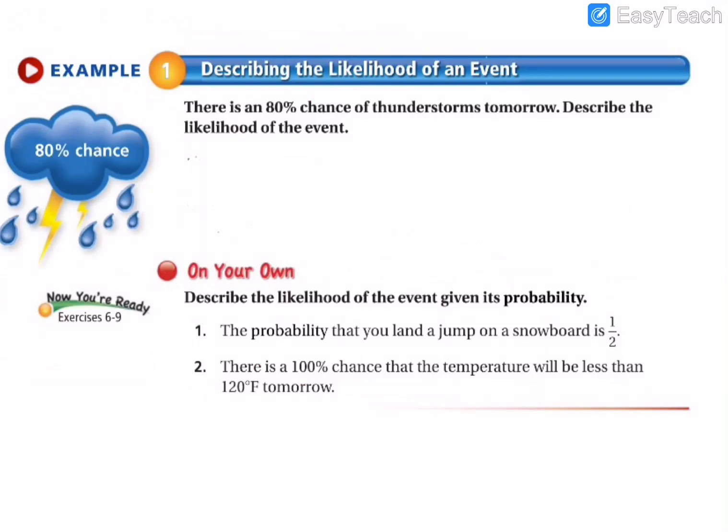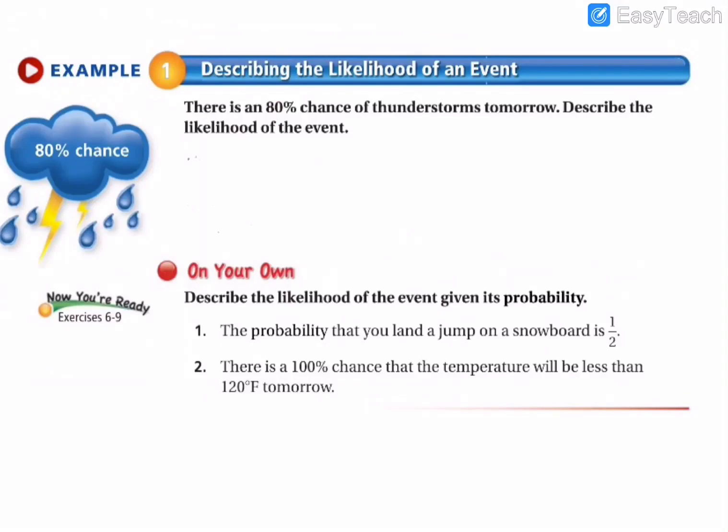So, describing the likelihood of an event. There is an 80% chance of thunderstorms tomorrow. Describe the likelihood of the event. Okay, so it's using 80%. 80% is the probability. There's an 80% probability of thunderstorms tomorrow.